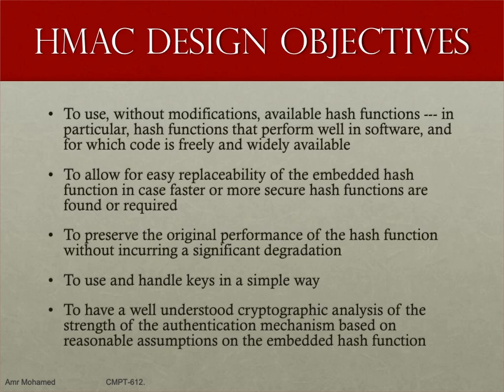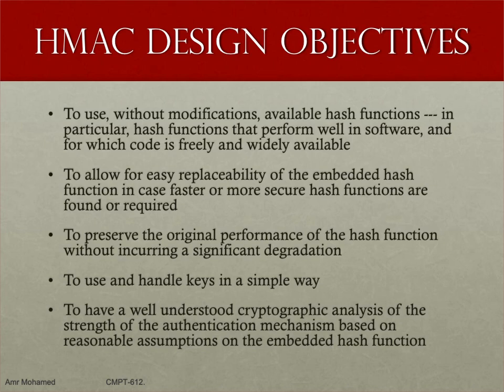But this embedded function can be replaced by anything. Another objective is to preserve the original performance of the hash function without incurring any significant degradation, and that's what we have achieved by avoiding encryption.